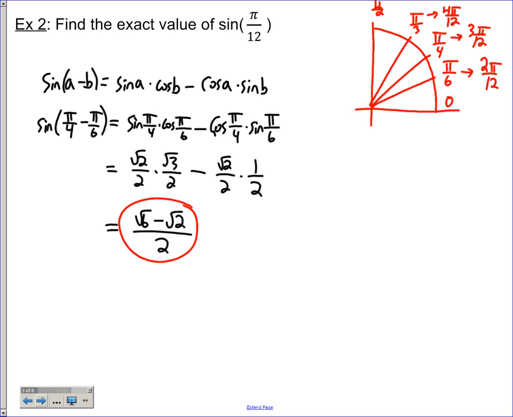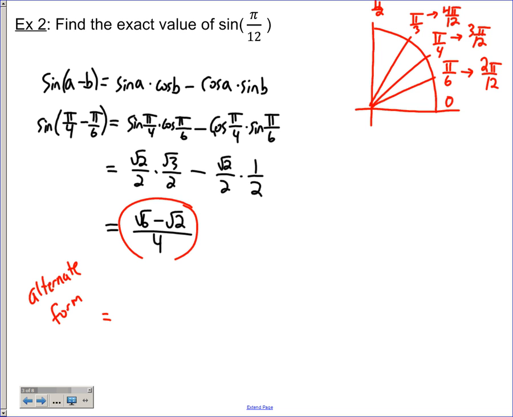Okay, and an alternative form that we could write that you'll sometimes see in the book. So our alternate form factors out the square root of 2 over 2 from both of these terms. And, I'm sorry, your denominator here should be 4. That's my mistake.